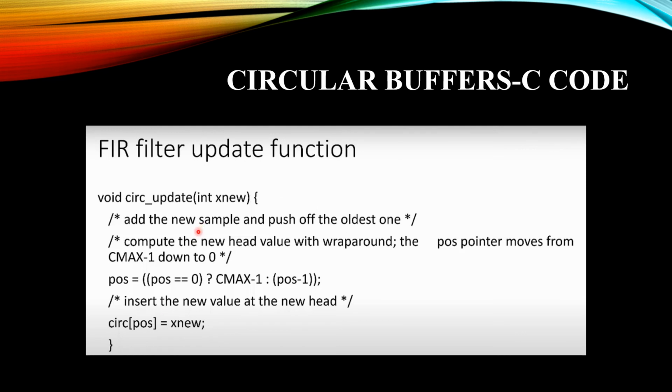So in this circular buffer C code, we are actually initializing the circular buffer in the FIR filter. This code represents the actual initialization of the circular buffer head value and insertion of the new value. This code we have already seen in the last slide.